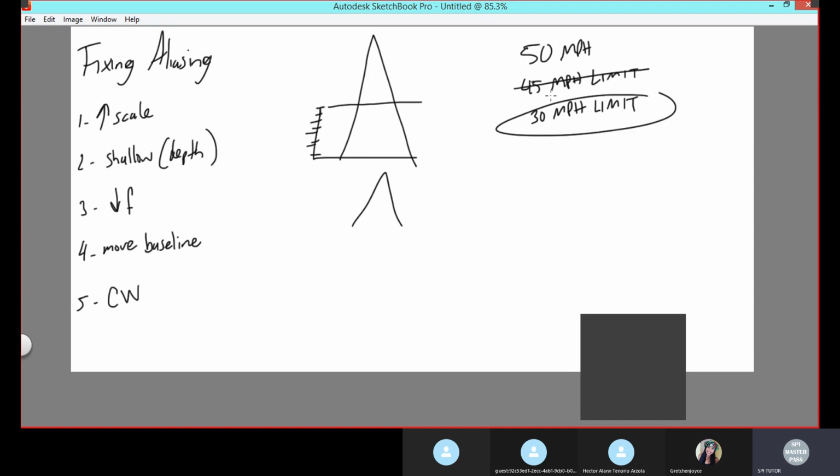In fact, I think once you hit a specific amount over the limit, and it might be 20 miles per hour, and it's whatever the difference is, right? So if I'm going 50 and the speed limit is 30, the difference is 20. I think that when you go over that 20 over limit, it becomes criminal.